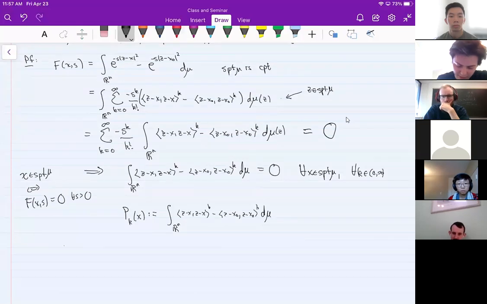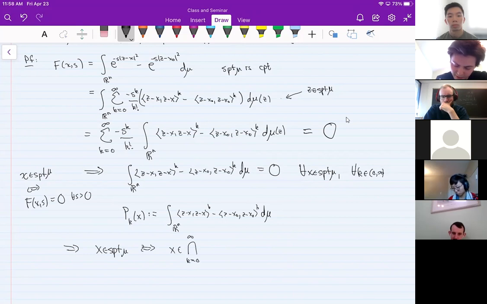And so this implies that x is in the support of mu if and only if x is in the intersection of the zero sets of all these polynomials. Okay, and so that proves that the support of mu is actually an algebraic variety.